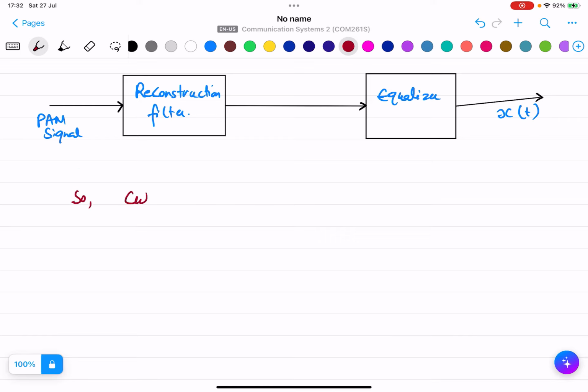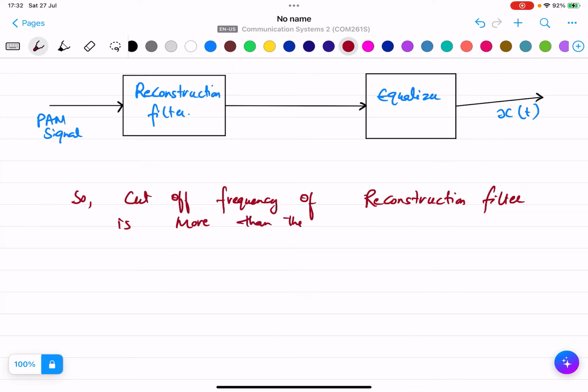Remember, the cutoff frequency of the reconstruction filter is more than the maximum frequency in the message signal.